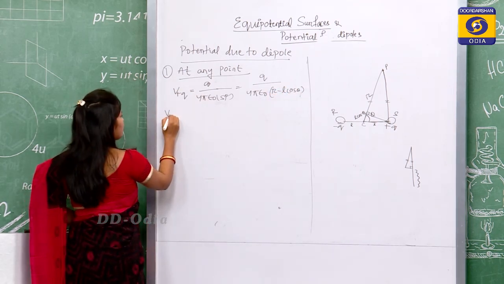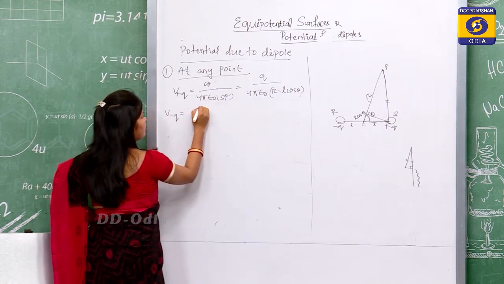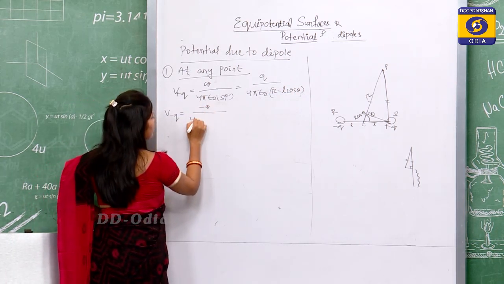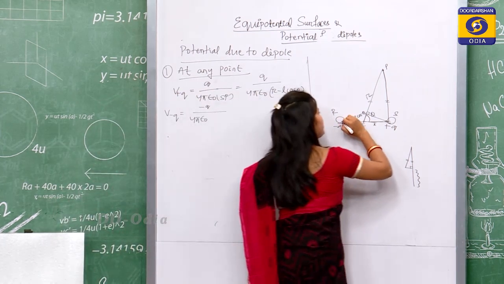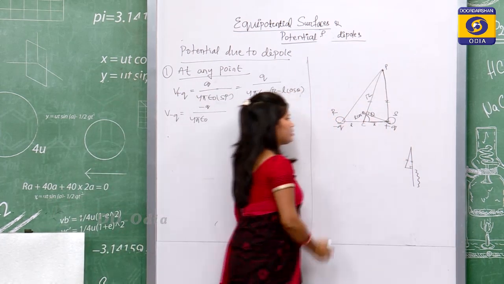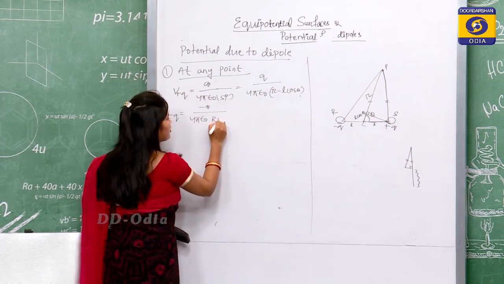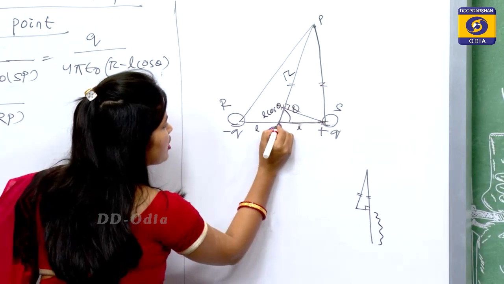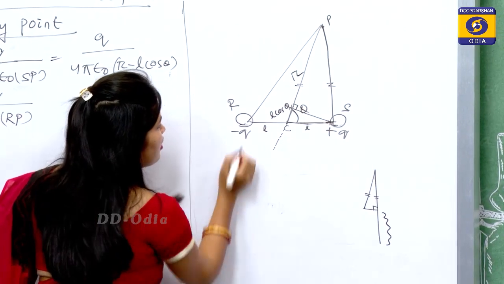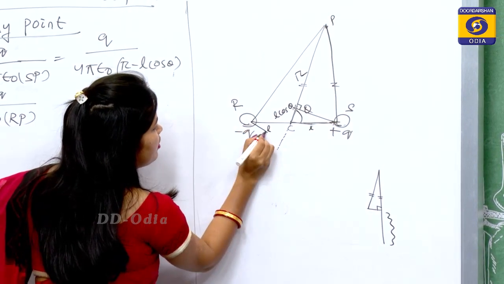Now, the potential due to minus q is minus q upon 4 pi epsilon naught times the RP distance. How will I calculate it? In a similar way, I will extend this line and put a perpendicular here.